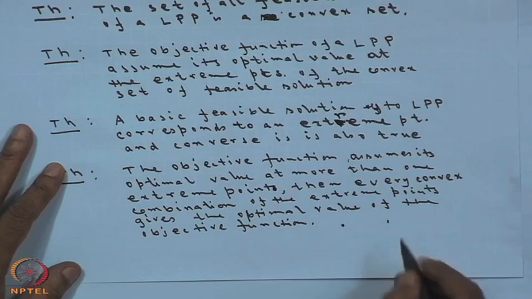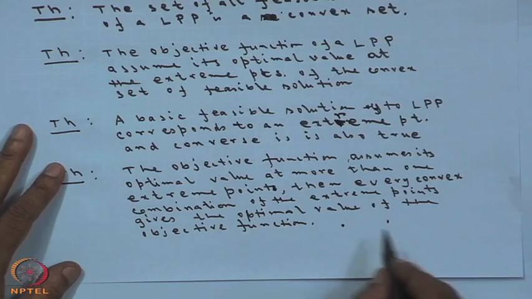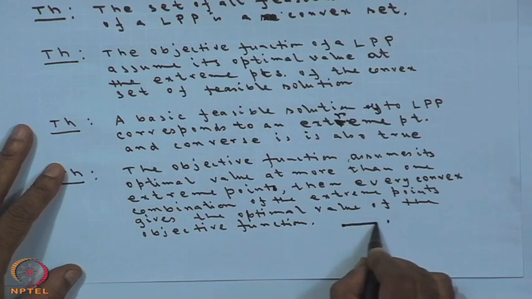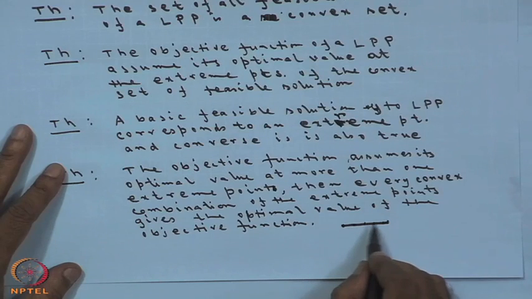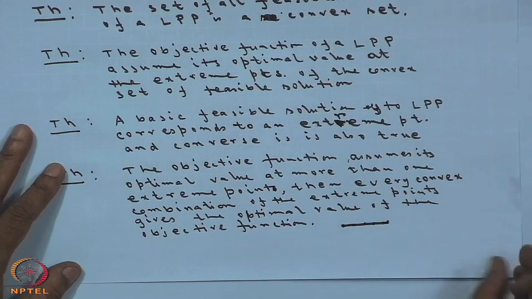That is, in other sense you can tell that there will be an infinite number of optimal solutions of the given LPP. So, if these 2 extreme points are where it is optimum, then if I make any convex combination of these 2 points, at any point you take, the value of the objective function will become optimum.